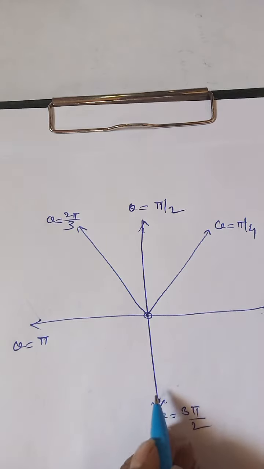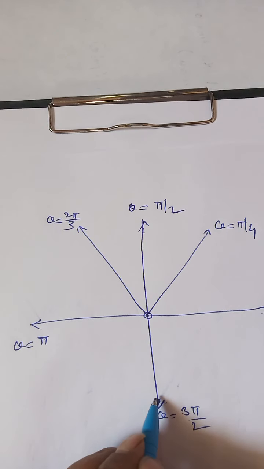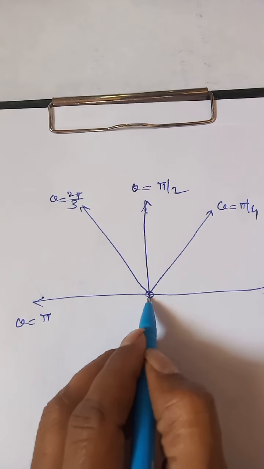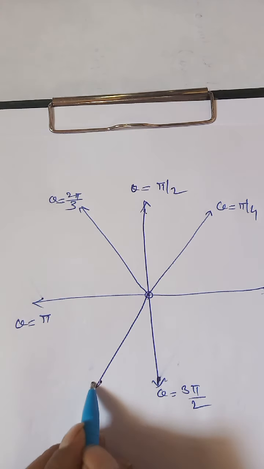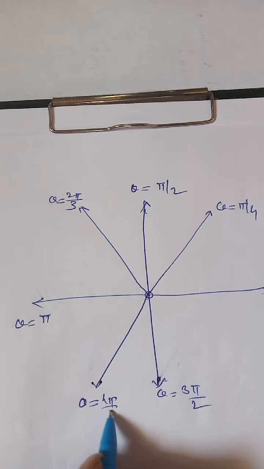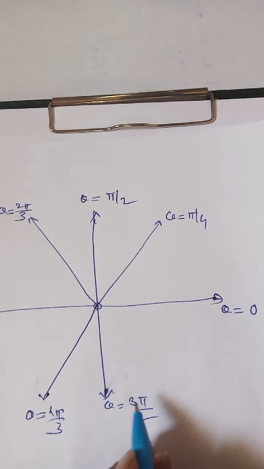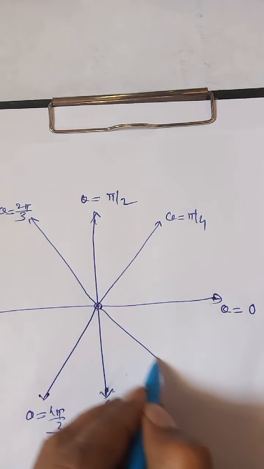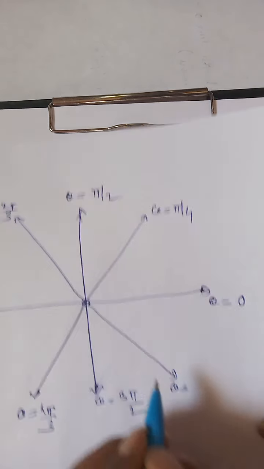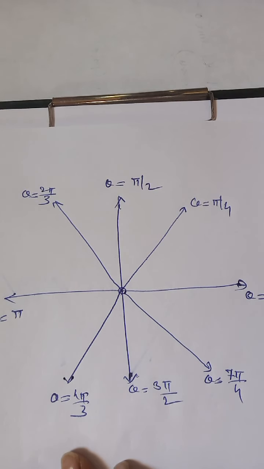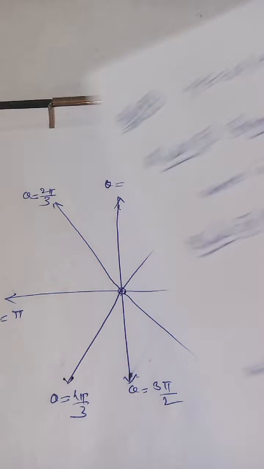Now in the quadrant between pi to 3 pi by 2, again we have a tangent to the pole, that is theta equals 4 pi by 3. In between 3 pi by 2 to 0, we'll select randomly. For betterment, we'll select the middle value, which is 7 pi by 4. Okay. Now we'll find out the value of r for these theta.